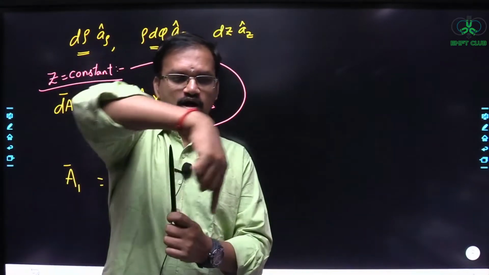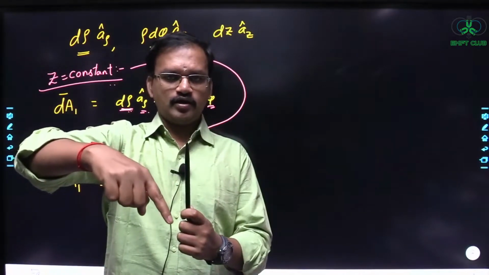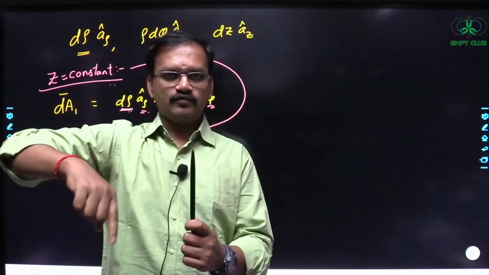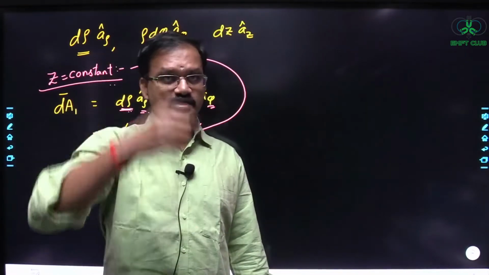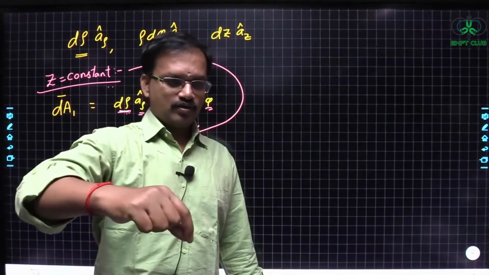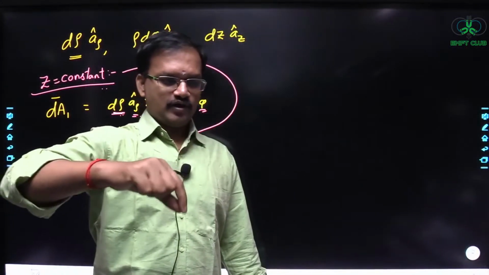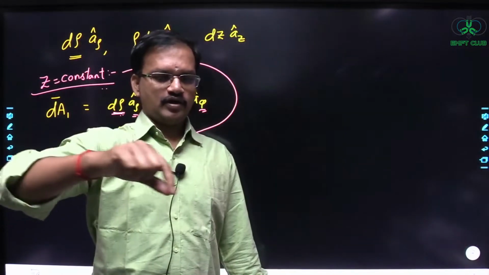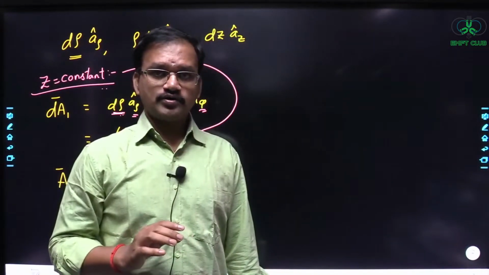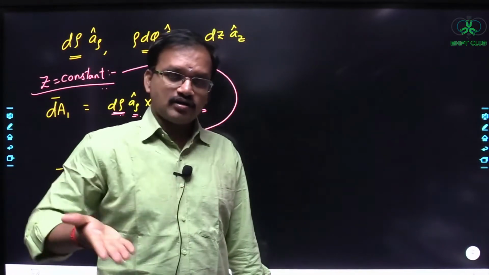I am removing this here. Assume the Z axis is present. Vary rho and vary phi. So what are you going to get? You are going to get a circular surface or not?